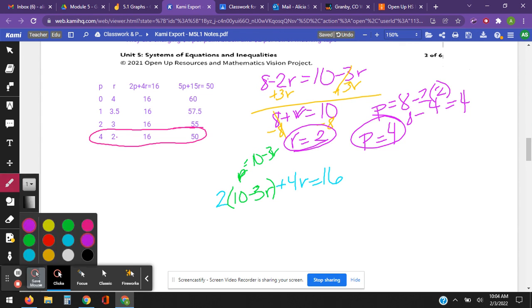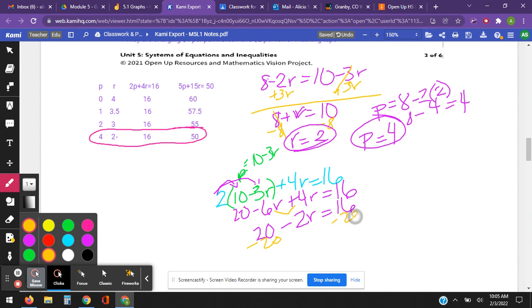And then from here, you would do distributive, 20 minus 6r plus 4r equals 16. I could simplify these two and get 20 minus 2r equals 16, right? Negative 6 plus 4 is negative 2. Let's subtract 20 from both sides so I can get this r by itself.